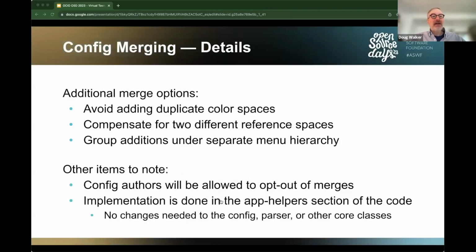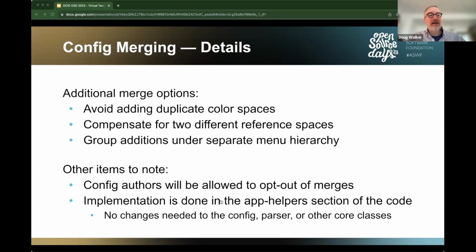A few other aspects of this that are worth noting. There'll be an option to avoid adding duplicate color spaces. In other words, if one of the configs is trying to add a color space to another config and it already has an identical color space, that color space won't be added.